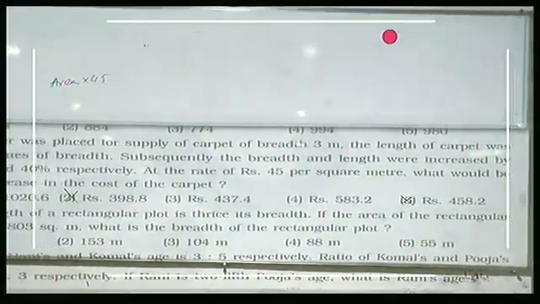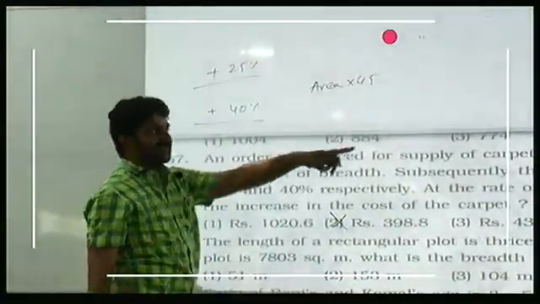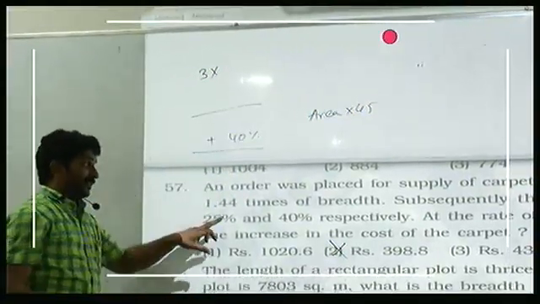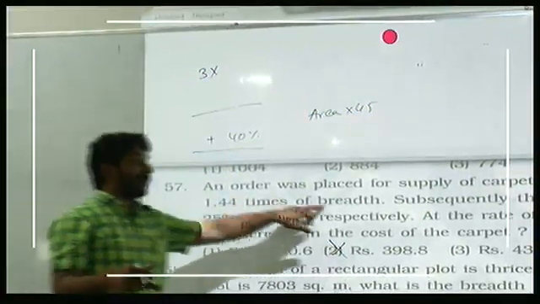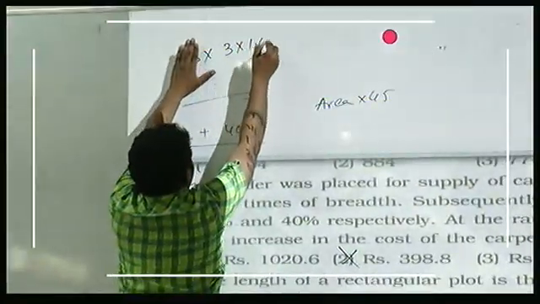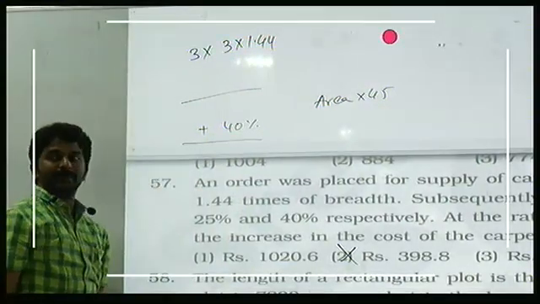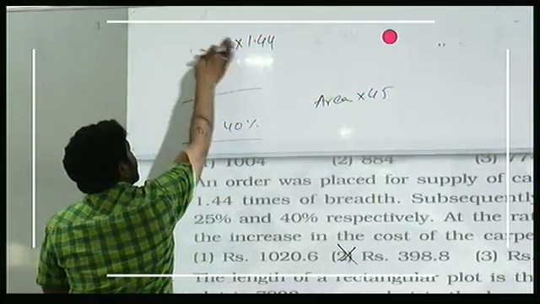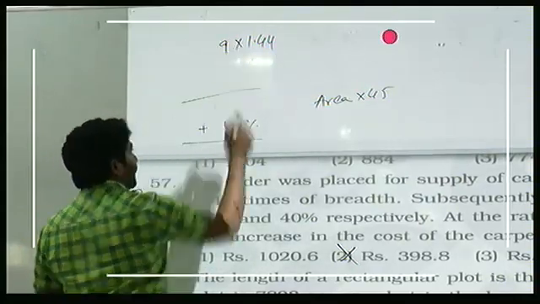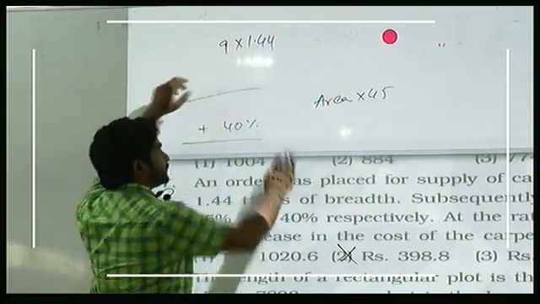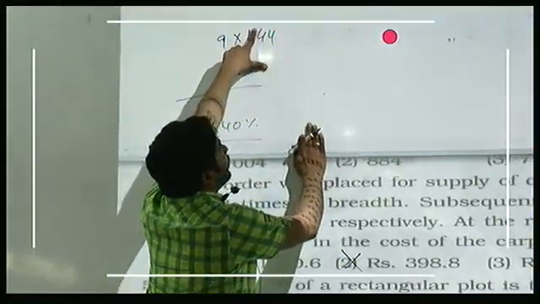Now let me calculate the actual area and then the change in area. Actual area is length into breadth. Breadth is 3 meters and the length is 1.44 times the breadth. What is breadth? 3. So length will be 3 into 1.44. So this is 9 into 1.44. Forget about the decimal.